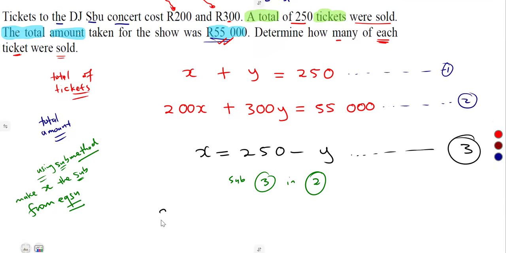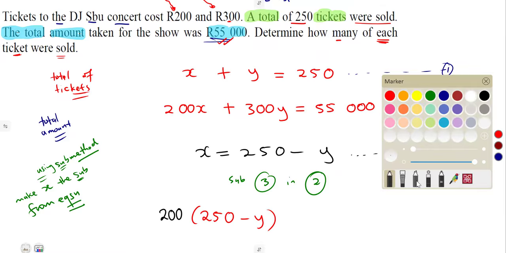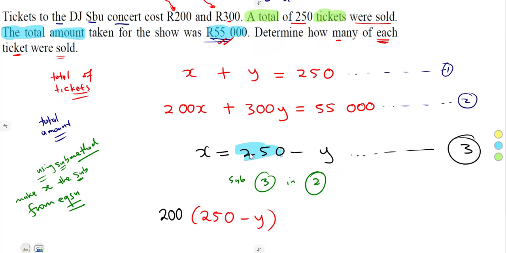This is 200 times X, and X is given as 250 minus Y, representing our X value. So you substitute that in place of X in equation 2.